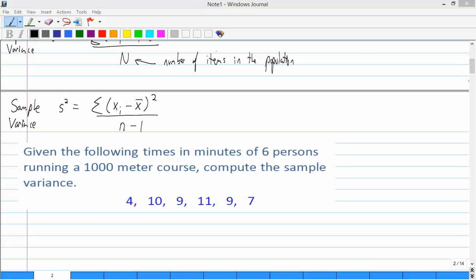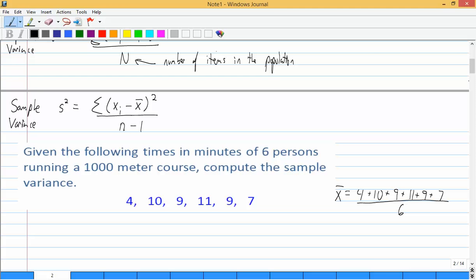Alright, so this is sample variance, so that's the second formula we went over. We have to figure out a couple of things. We have to figure out the mean of the sample, right? So we need to figure out x bar. So x bar equals 4 plus 10 plus 9 plus 11 plus 9 plus 7 divided by 6.